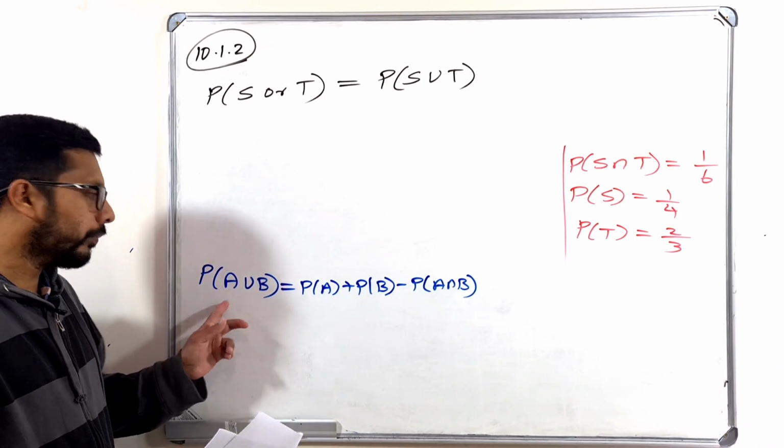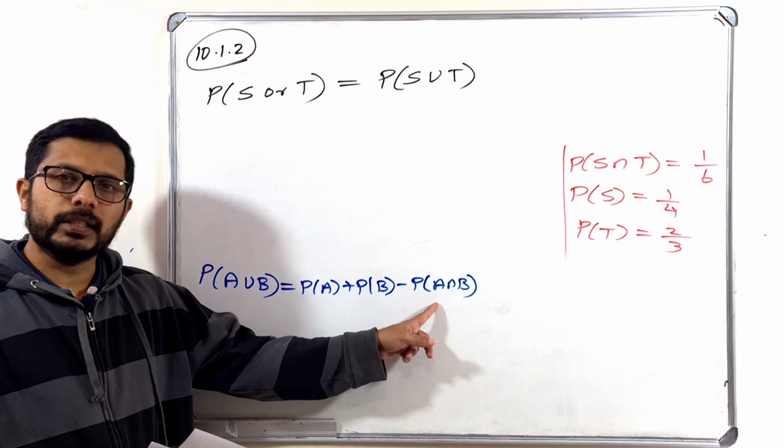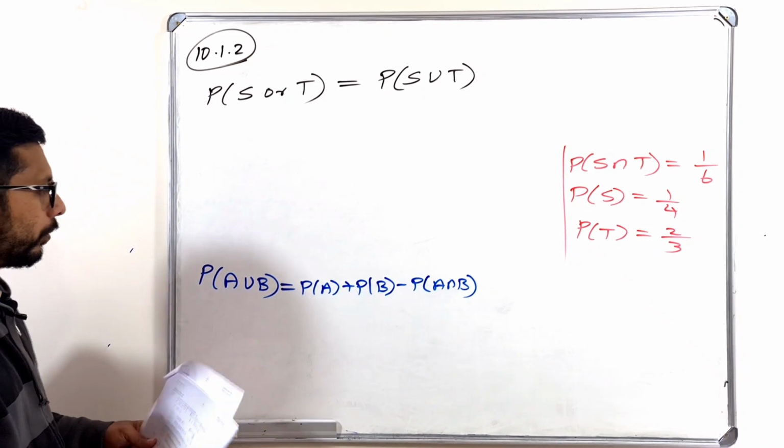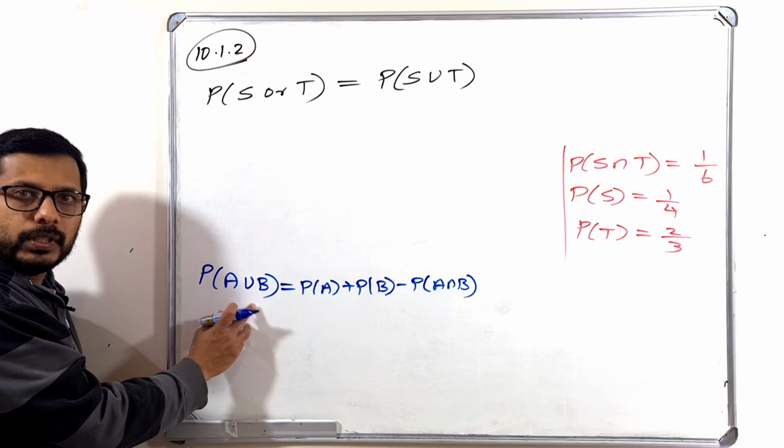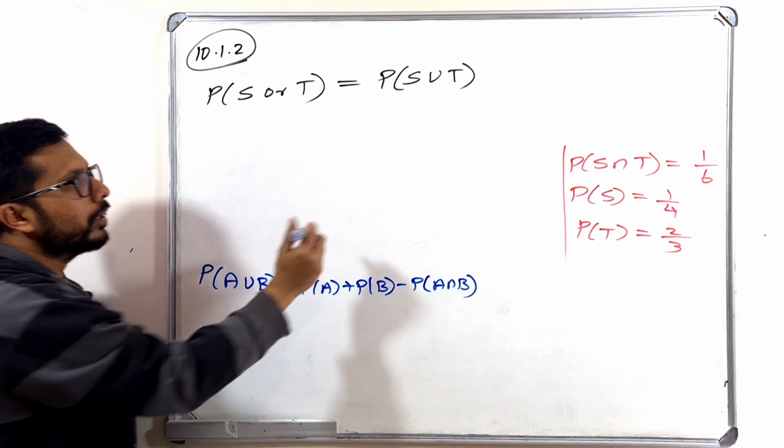The probability of A union B is equal to the probability of A plus the probability of B minus the probability of A intersection B. So in our question, instead of A and B, it is S and T. That is the only difference. Okay, so look at this one.